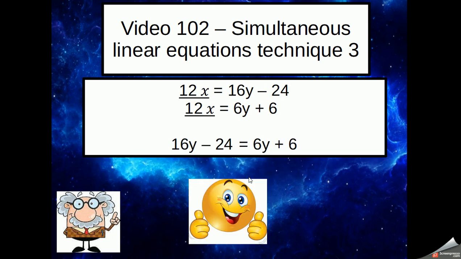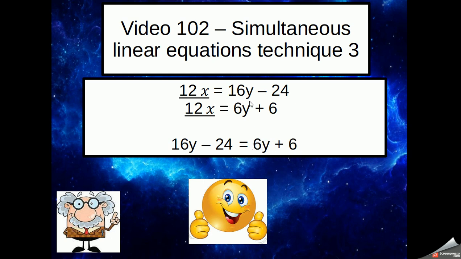So what I can do is get rid of the 12x and just replace them with the two expressions including y's. So instead of having a 12x in here, I've put 16y minus 24 because I know that is equal to 12x, and 6y plus 6.